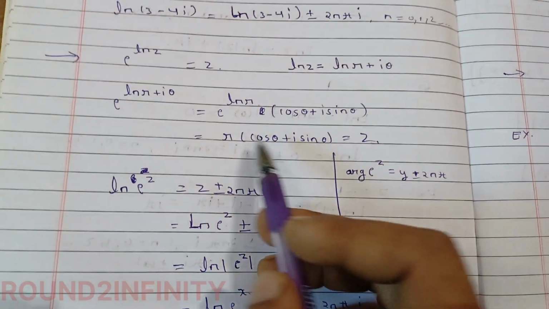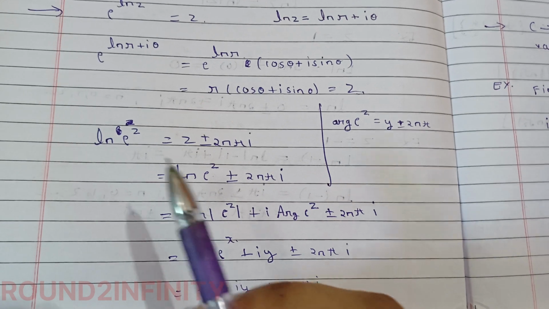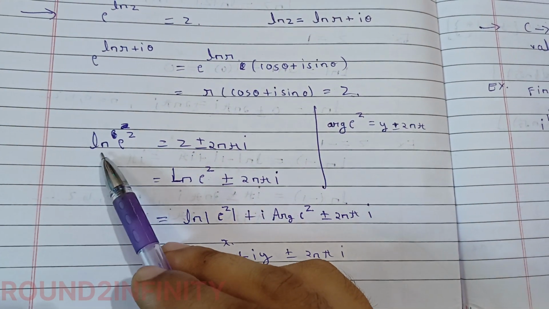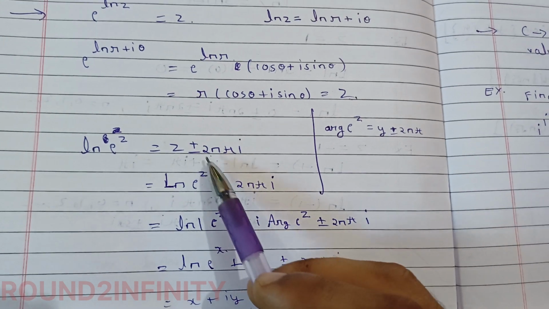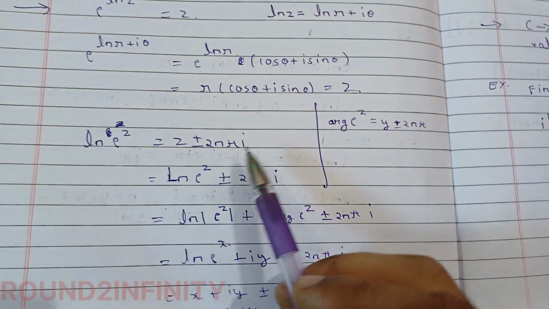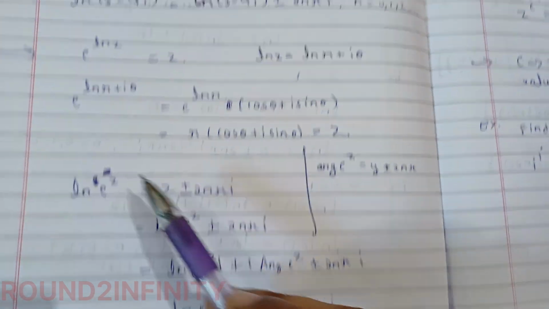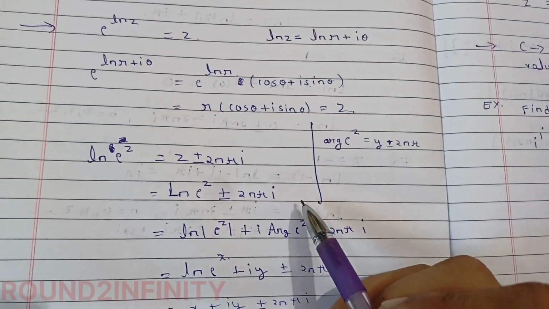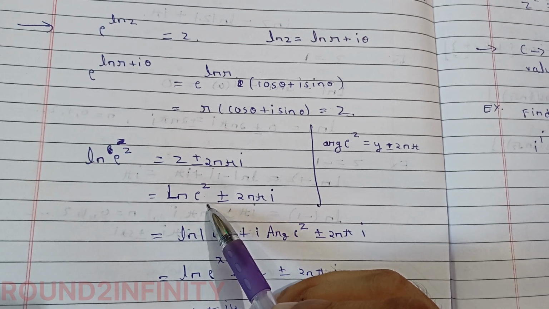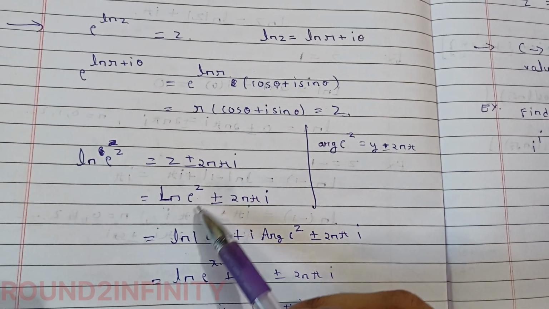Now remember this result, very important. Now let's find log of exponential z. This is a very important result: it is z plus minus 2n pi iota. Let's prove this. To find log of exponential z, we use the formula again: first find the principal value, then plus minus 2n pi iota. The principal value is log of the mod of exponential z plus iota times the argument of exponential z.